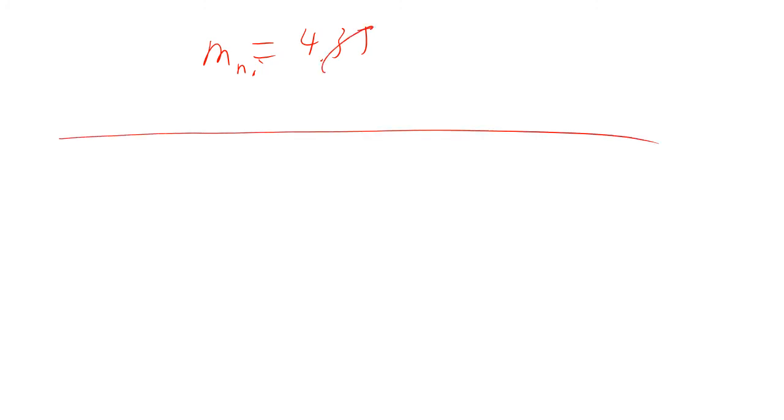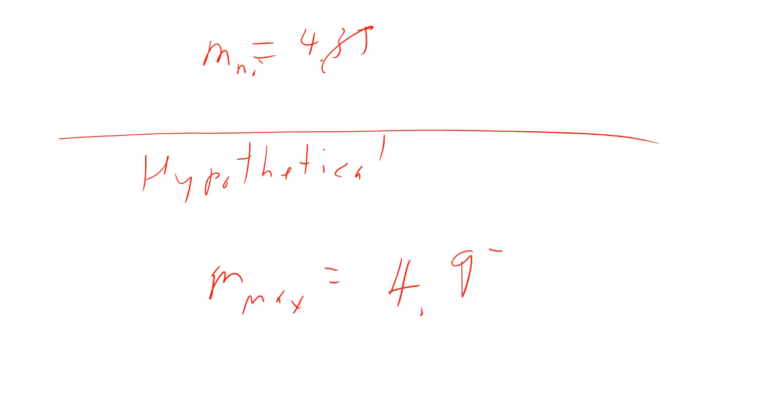Now, one more thing. We said we had that m max was equal to 4.35, and we said that that's 4. What would have happened, hypothetically, if m max was equal to 4.97? What is that?